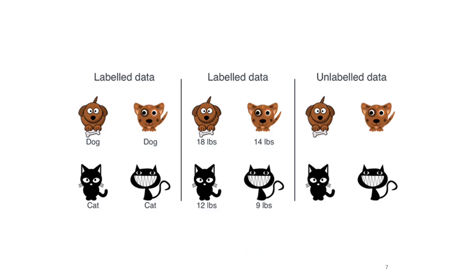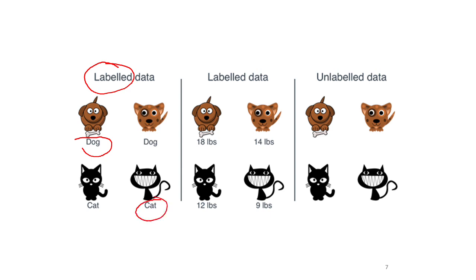The other two categories of data are labeled versus unlabeled. Data can come with labels, meaning we already know what that data is about. For instance, I have imaging data and I already know that the label for this image is a dog and the label for this image is a cat.